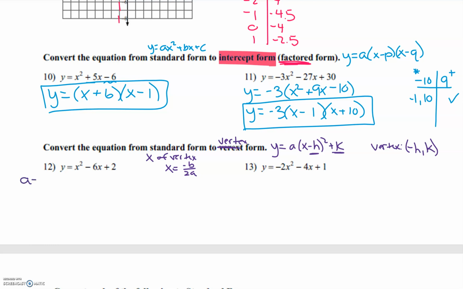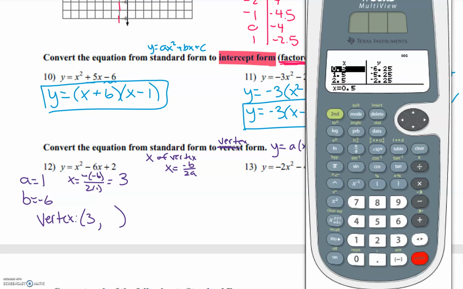So we know that a is a 1 and b is a negative 6. So our axis of symmetry, so the x of our vertex, is going to be negative 6 over 2 times 1. This gives us 6 over 2, which is 3. So right now we know our vertex has an x of 3. So we need to find the y. Let's make it a little simpler on ourselves.